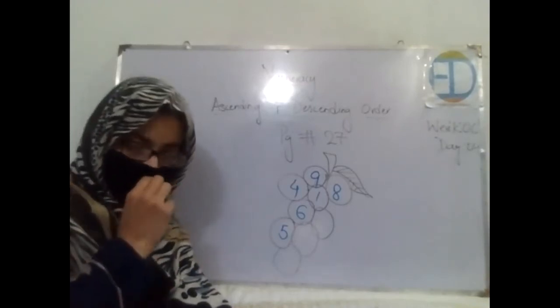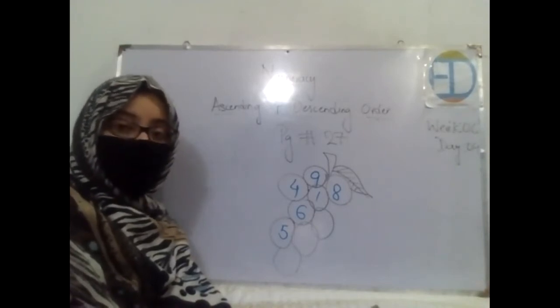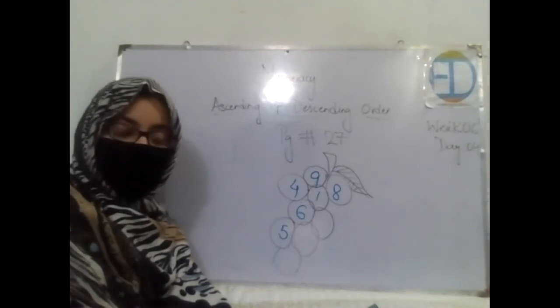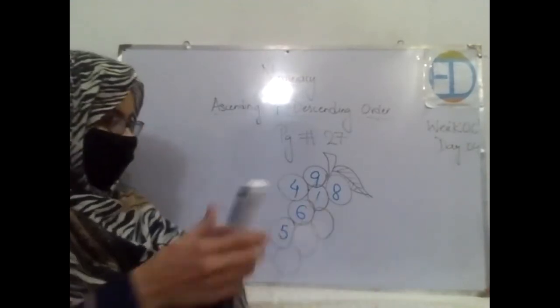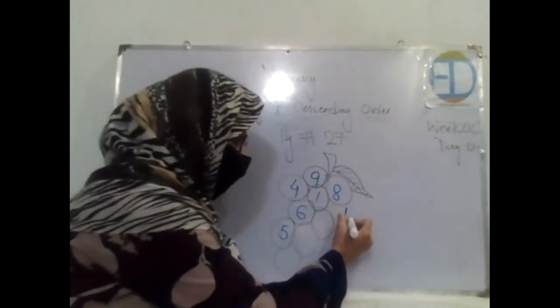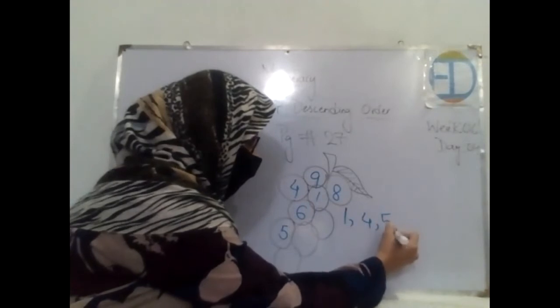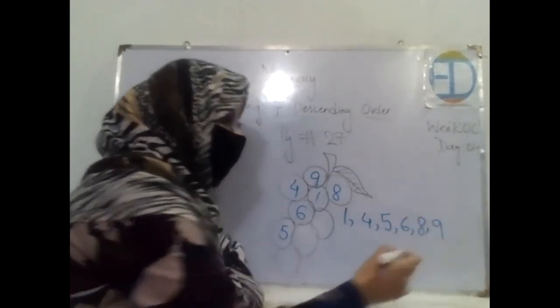Excellent. Then 4, then 5, very well done. 6, 8, and 9. Excellent. So the answer would be 1, comma 4, comma 5, 6, comma 8, comma 9.